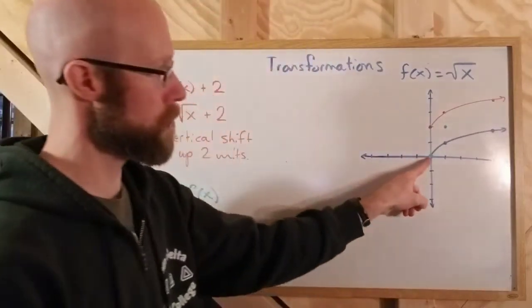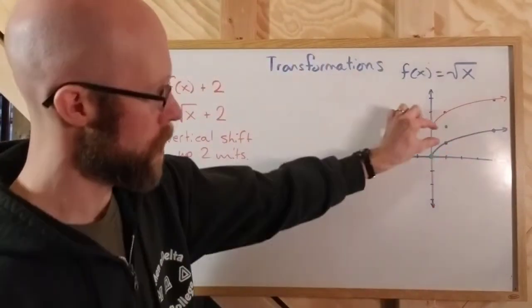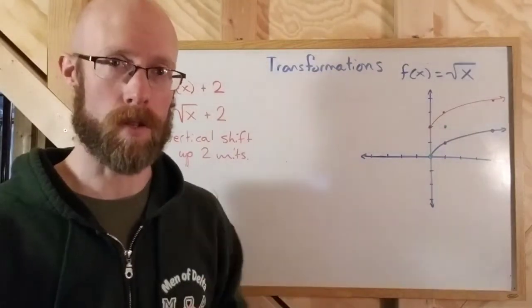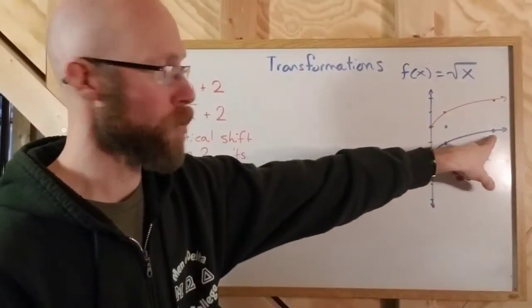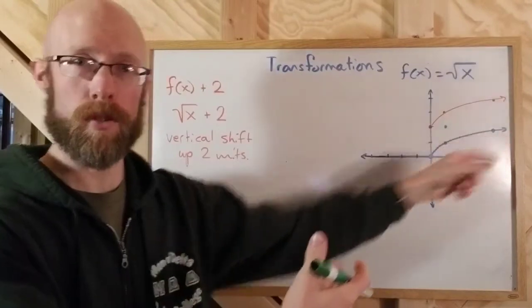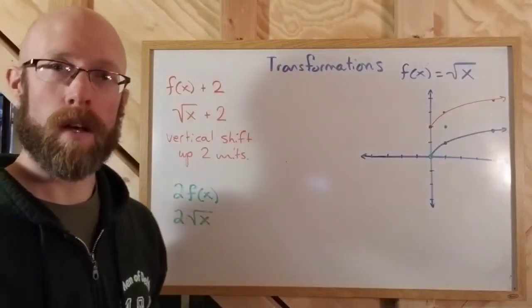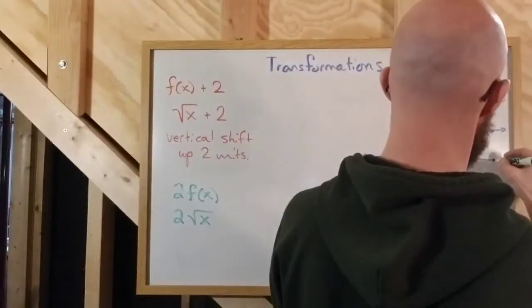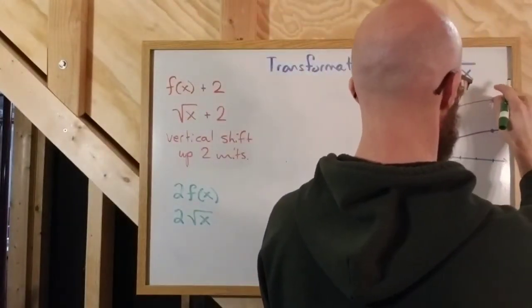So the first point didn't move, the second point doubled its distance away from the x-axis. Instead of being 1 unit away, it's now 2 units away. The point at (4, 2), you take the output of 2, multiply it by 2, and you get 4. So (4, 4) would be on the graph. And that one's up here.